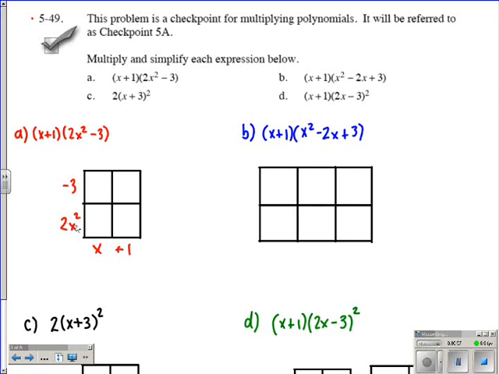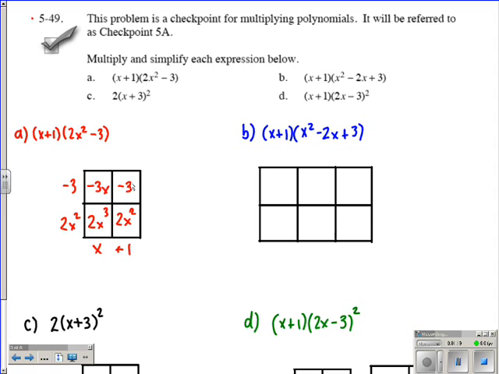Let's do x times 2x squared would be 2x to the third power. X times negative 3 would be negative 3x. We have 2x squared times 1 would be 2x squared. And then we have 1 times negative 3 would be negative 3.